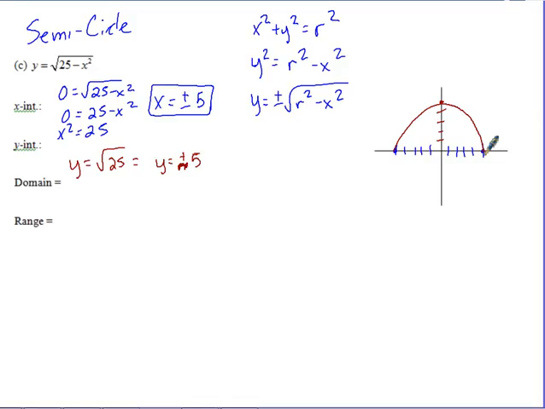How am I going to determine the domain for this one? Where are your x's going to be? Basically, it's everything between negative 5 and 5. Does everybody agree with that? How can I write that? Tell me how I can write that.